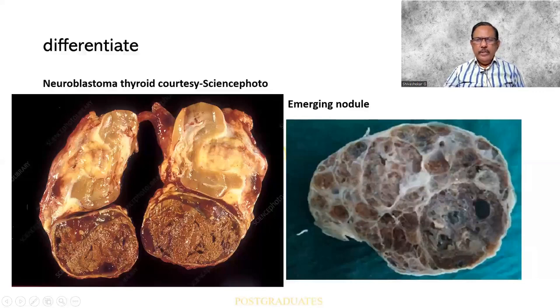I want you to differentiate between these two. To me, both look almost similar. In this one, I'm able to see a parenchyma. There is some amount of colloid, but at the lower pole, I'm able to see some grayish bone structure. It turns out to be a neuroblastoma. It is post-histology wisdom.